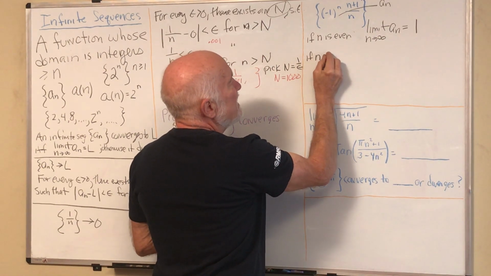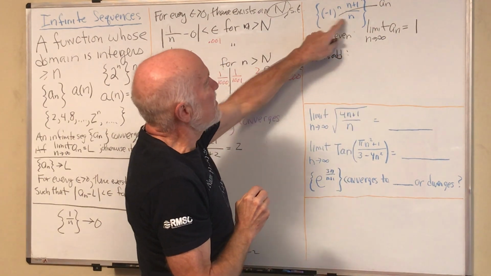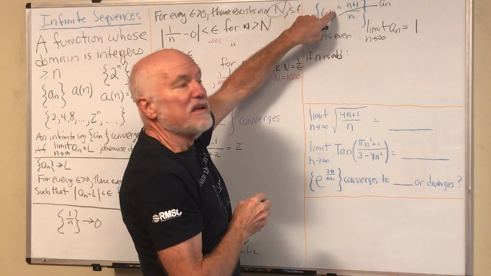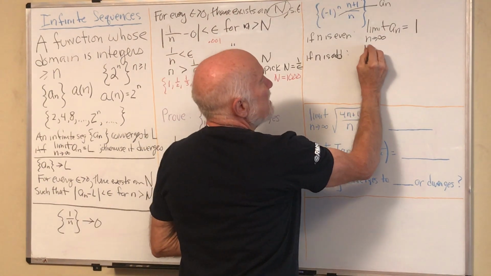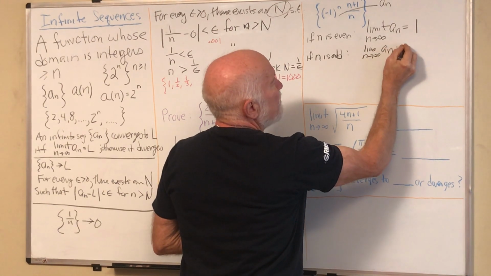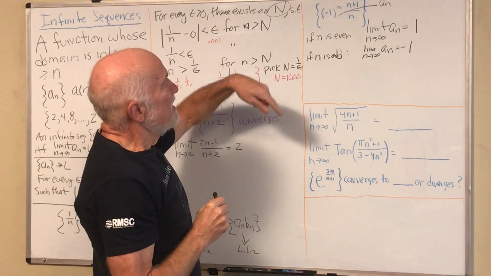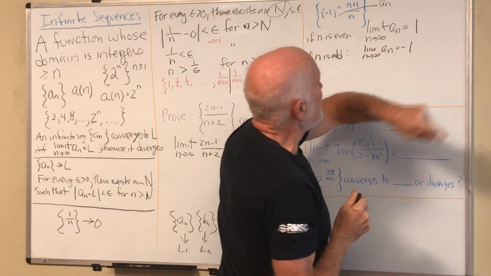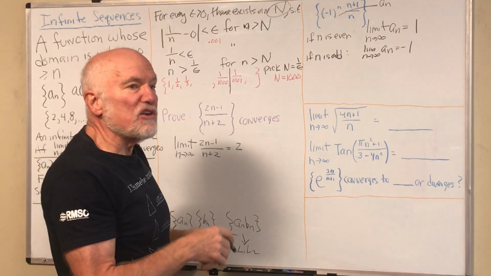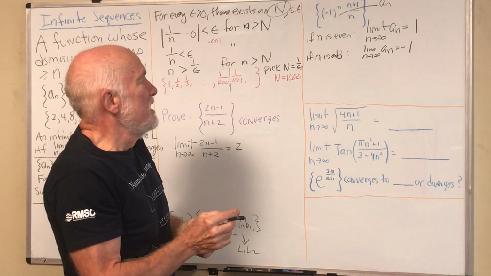But if n is odd, then it's going to be the same as this, but there's going to be a negative sign in front. So then the limit as n approaches infinity of a sub n is going to be negative 1. So we can see that if we were writing out this sequence, it's not going to be converging to a number. It's not going to go off to infinity, but it's not going to be going to a number.